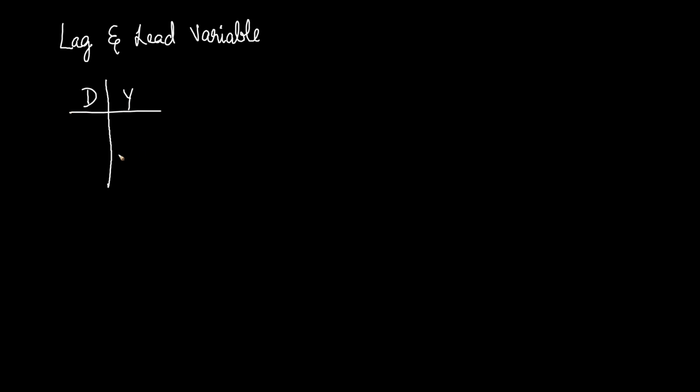Now, what is a lag and a lead variable? We saw a time series where you had the date and the value. Let's suppose the dates are D1, D2, D3, D4, and so on, and the values, for simplicity, are 1, 2, 3, 4. Suppose this is your time series data.